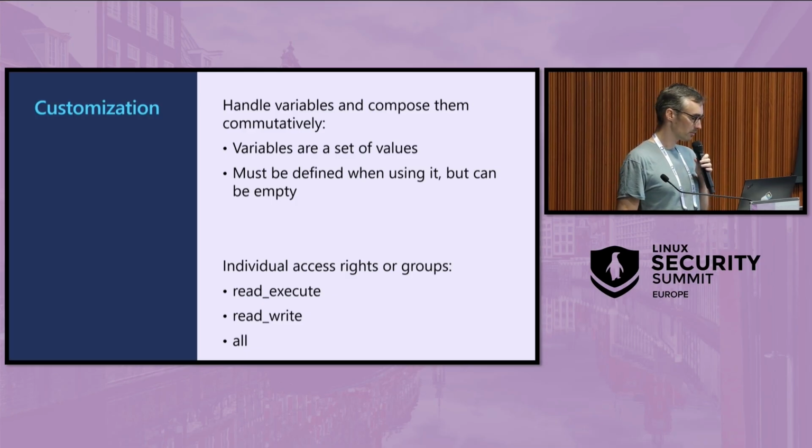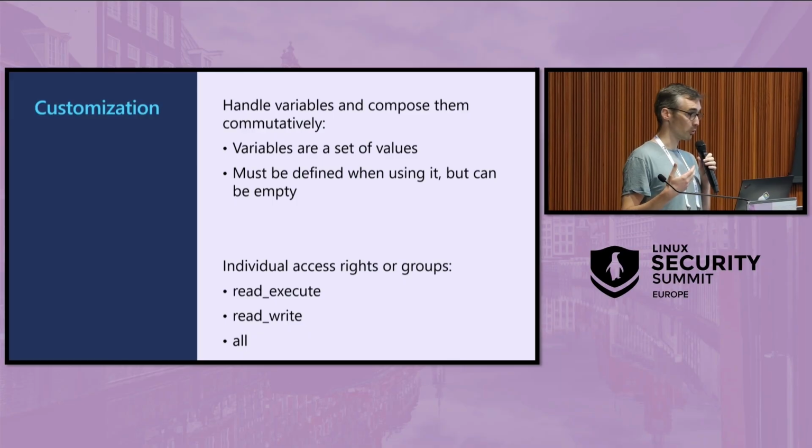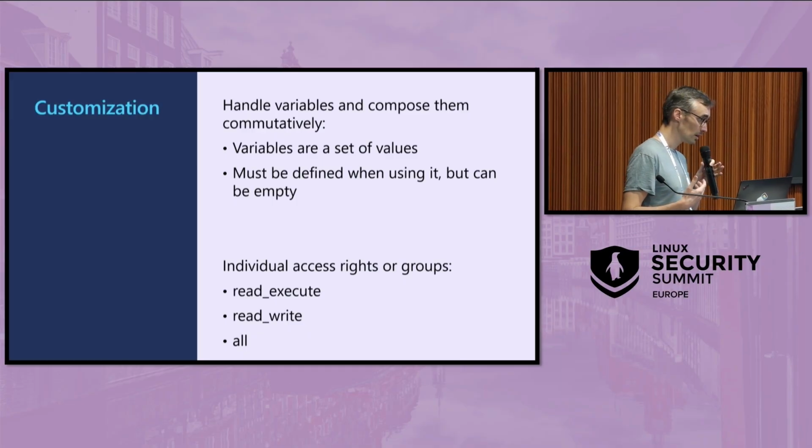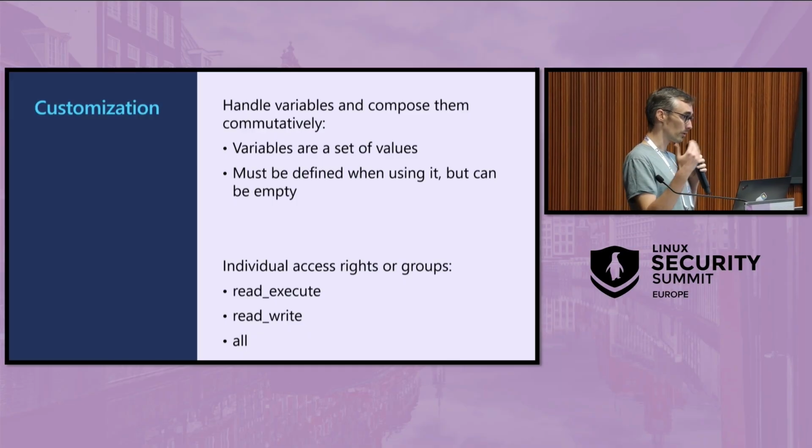So this might be handy, but also because if you want to have commutativity and deterministic compositions between different files, you cannot have order in variable definitions because, well, you don't know, and you don't want to enforce any order to have priority on one value over the other.